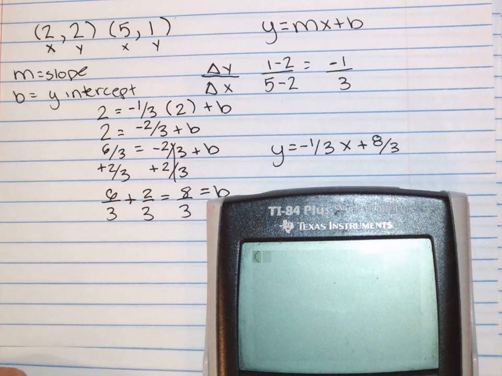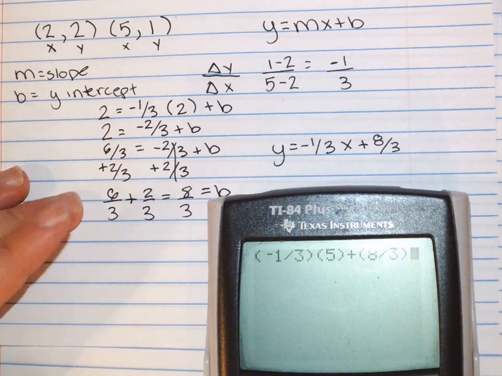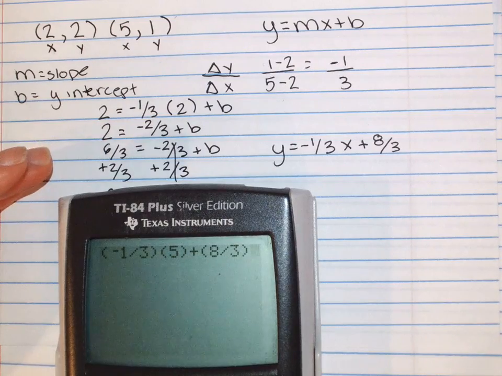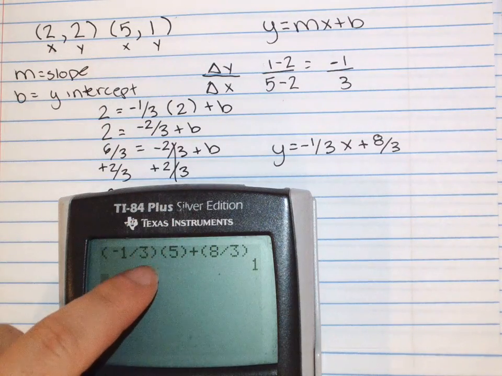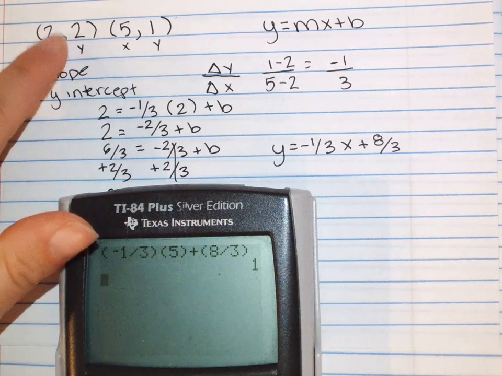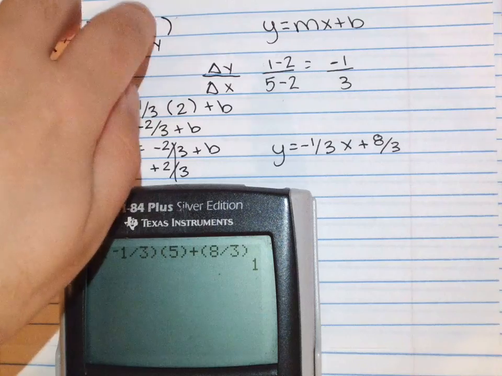So what I'm going to do is I'm going to type in negative 1/3, that's my slope, times 5 plus 8/3. And I should get, I'm going to move that so you can see it, I should get 1. And I do. So I know that because this linear equation works for this set of points and it works for this set of points, that it is the right representation for these two sets.